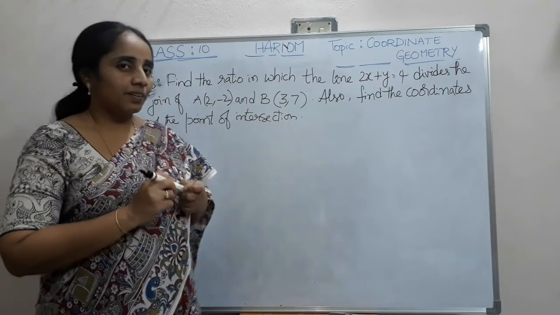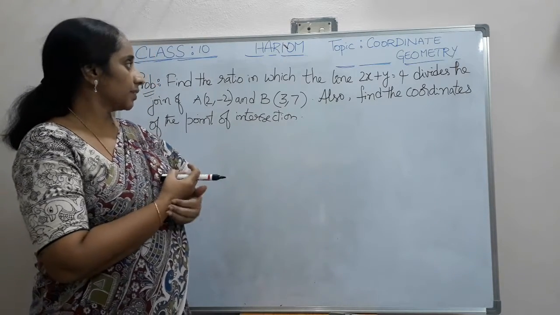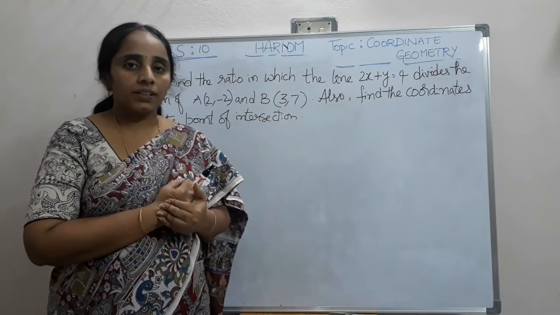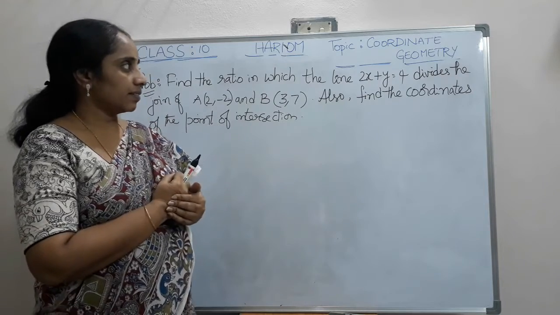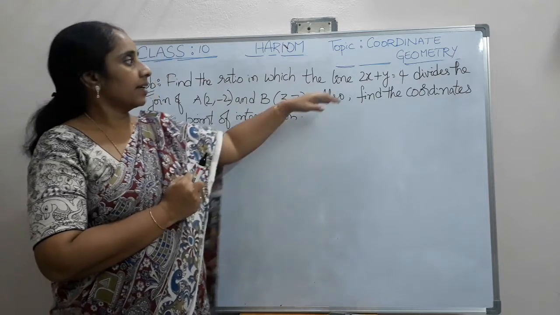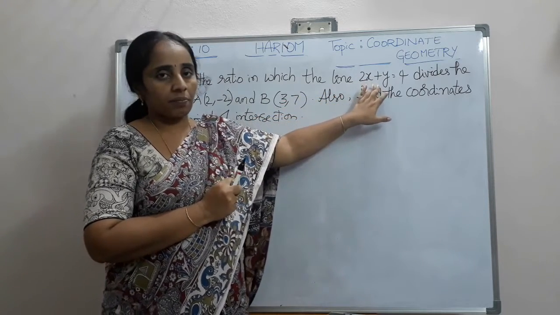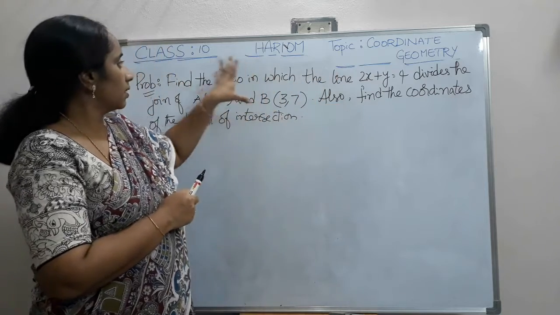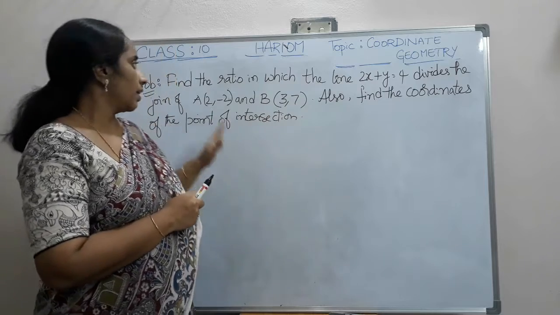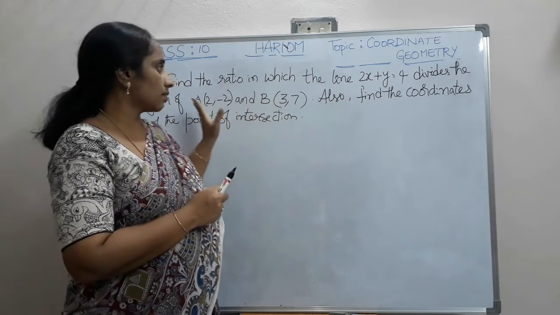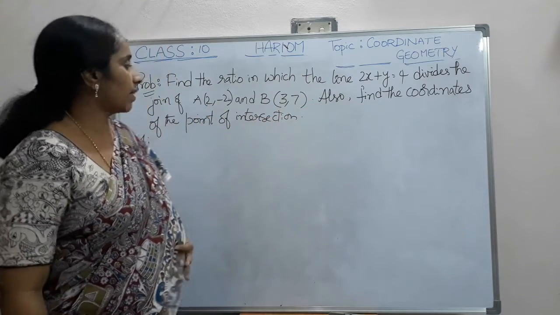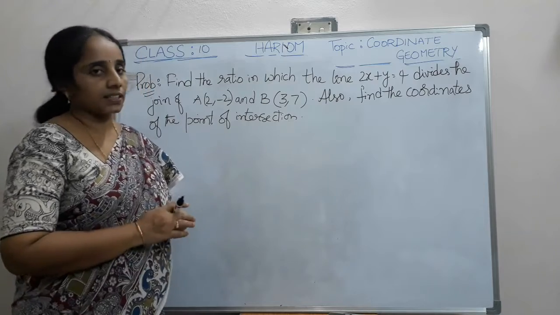In our previous classes, if they have given 2 points, that is, the coordinates of a line segment, then we found the relation between that x and y in an equation form. But here in this problem, they have given the line 2x plus y is equal to 4, and the line segment A(2, minus 2) and B(3, 7). Also find the coordinates of the point of intersection.